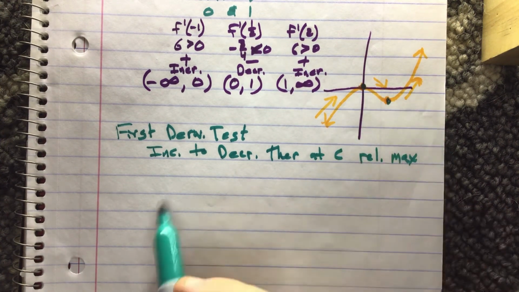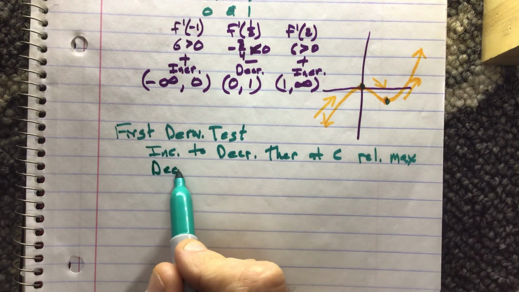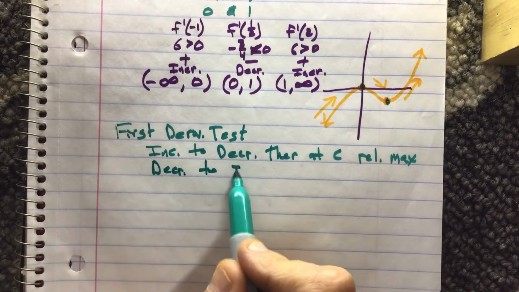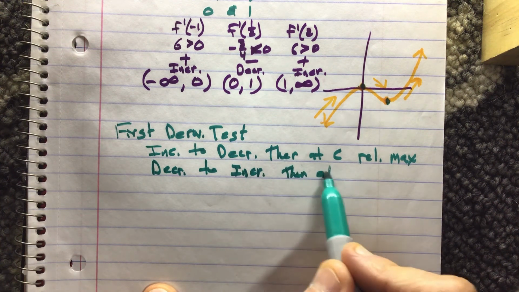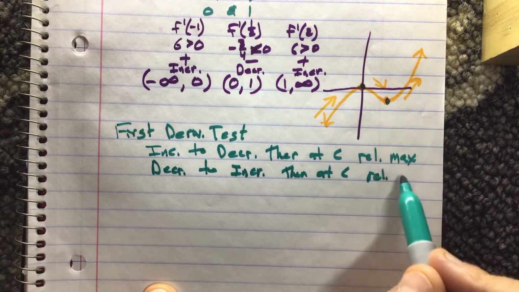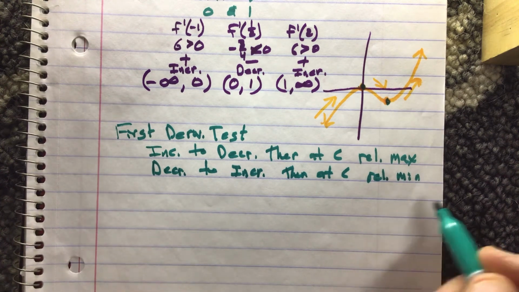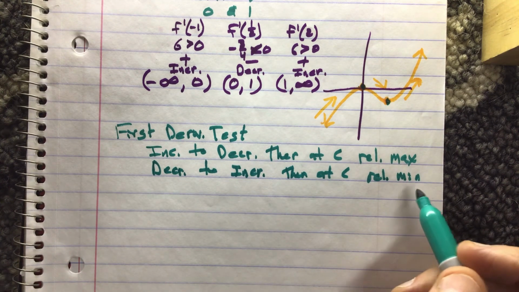So if you go from decreasing to increasing, then your critical point must be a relative minimum. And you could find the y value again by plugging that in.